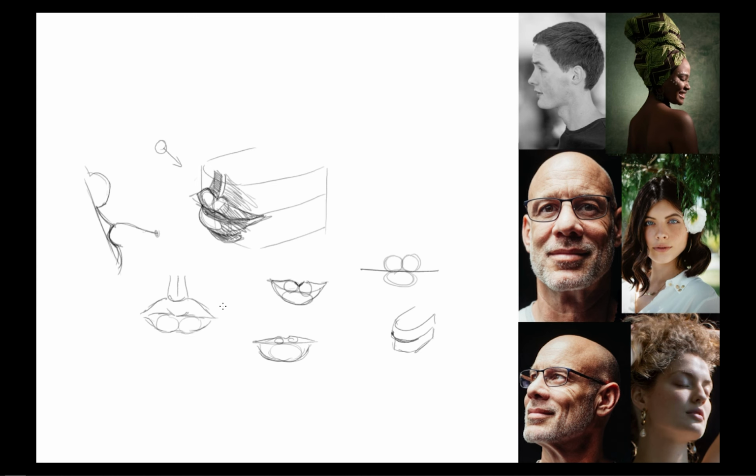Now, if you want something to look like it's got lip gloss or something like that, you would ultimately draw a little bit of a highlight on the lower lip. Just remember that depending on how your mouth looks, you have these lines going vertically around the mouth.